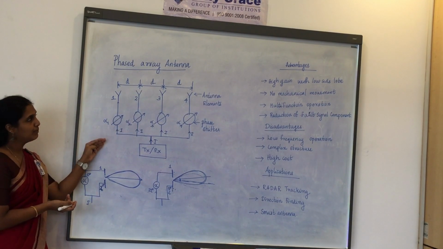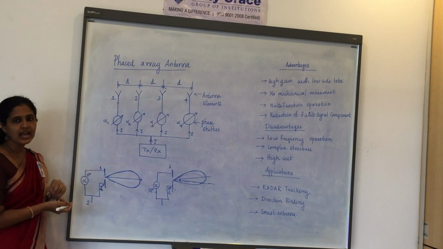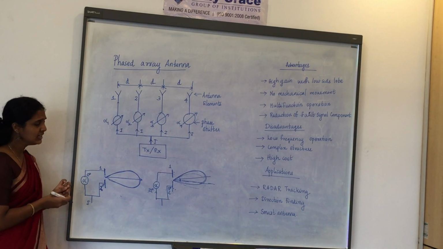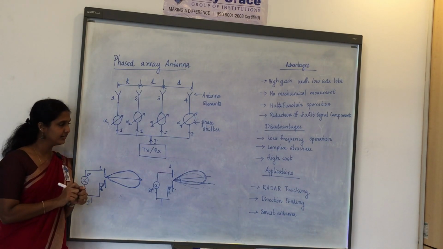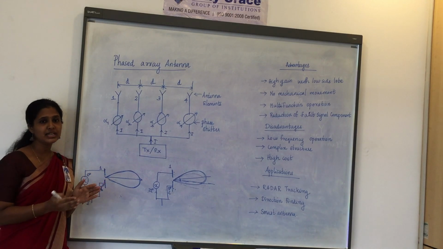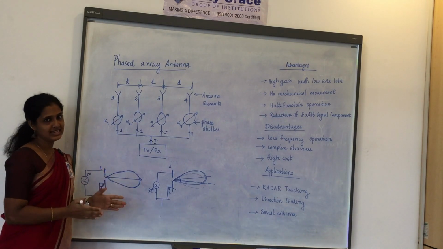This is the principle behind beam steering, and it is applied to phased array antennas. In this beam steering, we can't steer the angle too much. That means there is a limit to the steering.